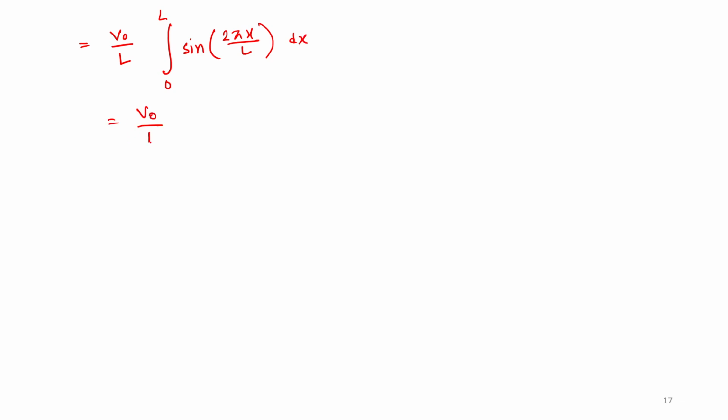Integral of this is going to lead to L by 2 pi. Obviously the integral of a sine is going to lead to a minus, and then cos 2 pi x by L, upper limit is L, lower limit is 0.